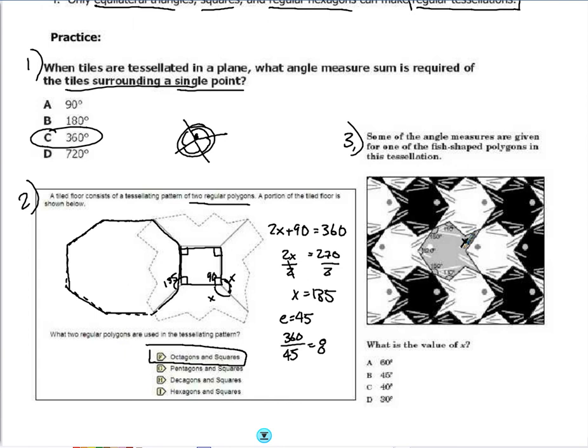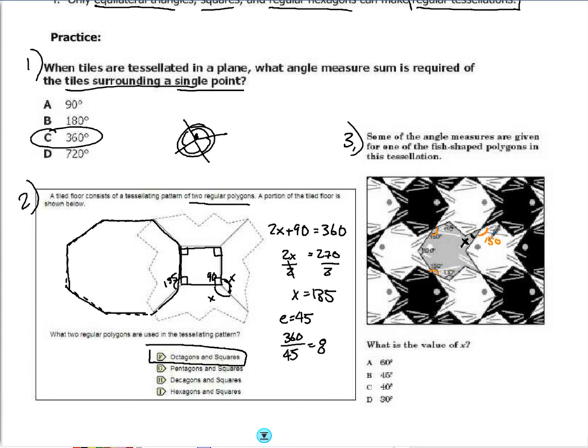So the first thing we're going to want to do is find other angles in my picture that are the same. If this part of the fish is 150, that means this angle, which would be the same angle, would also be 150 degrees. The bottom of the fish, this 150, matches the bottom of the fish here, which is also 150.